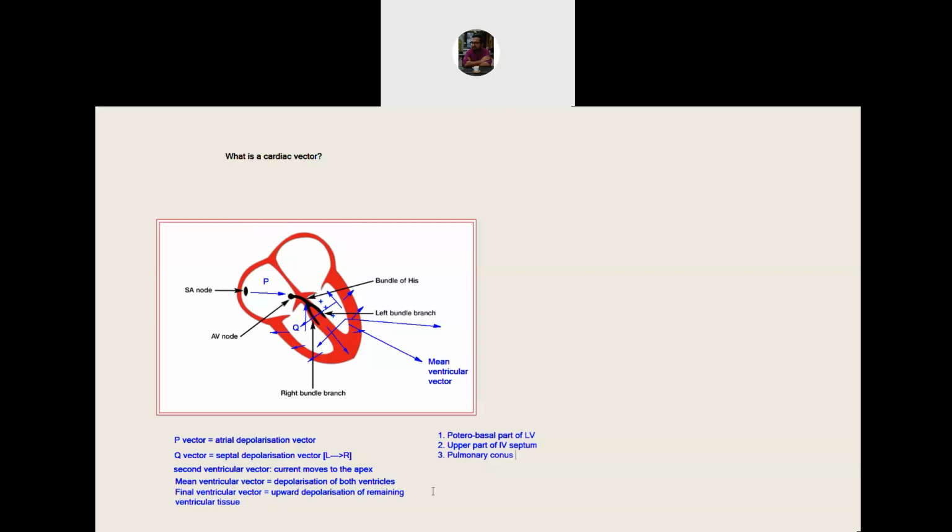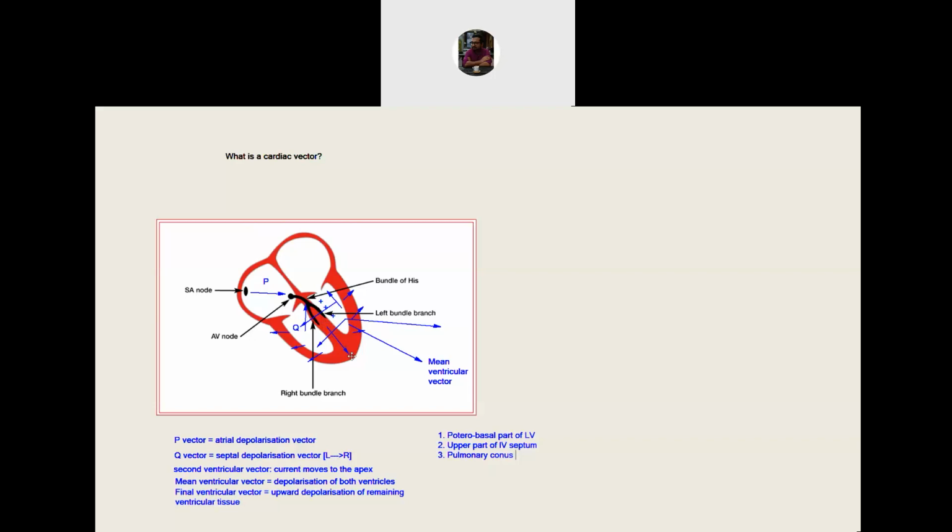In summary, at first the atrium depolarizes, generating the P vector. Then the current waits at the AV node, enters the bundle of His. Then the septum will depolarize from left to right, and this is represented by the Q vector. The second ventricular vector represents the flow of current downwards towards the apex.